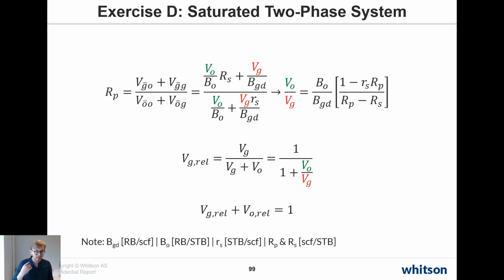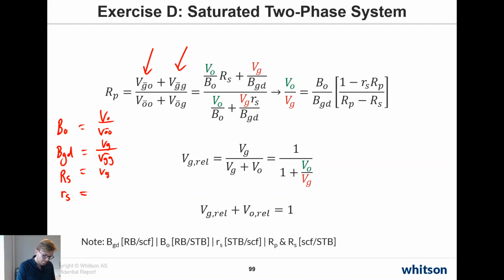Once you start to think in terms of this nomenclature, and remember the different definitions of the formation volume factors that we've learned, which are Bo and Bg, and also the solution GOR, little Rs, you can then use this information and everything that you learned and step by step derive an equation for essentially oil and gas saturation.